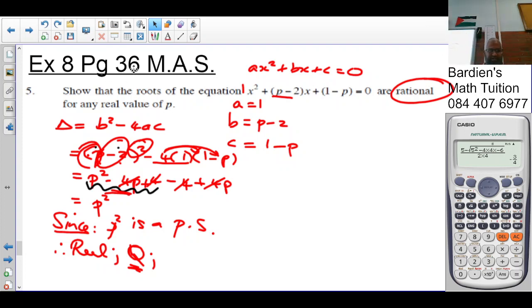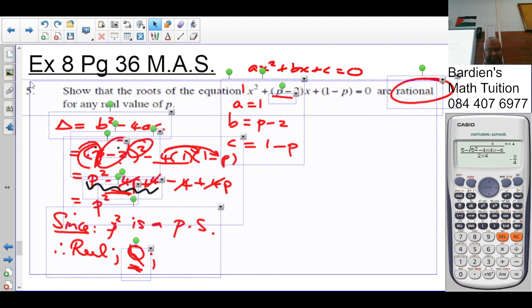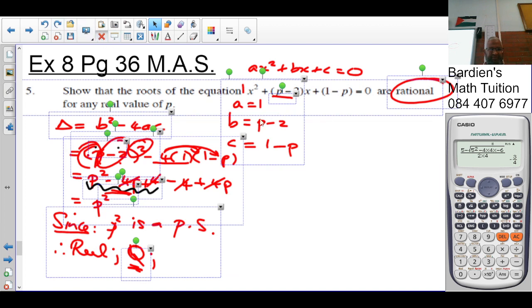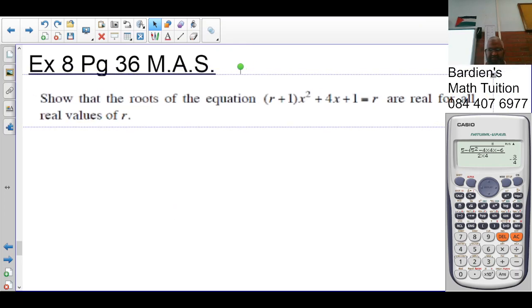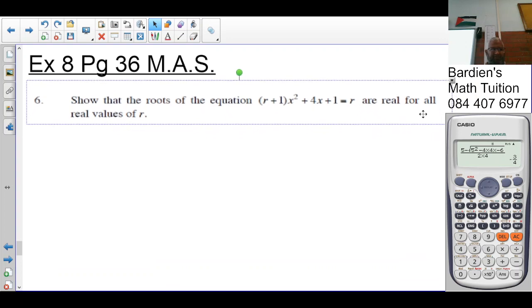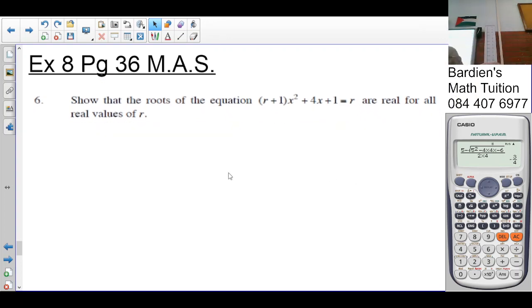With regards to number 6, we are told, show that. Show that the roots of the equation (r plus 1)x squared plus 4x plus 1 equals r are real for all real values of r.